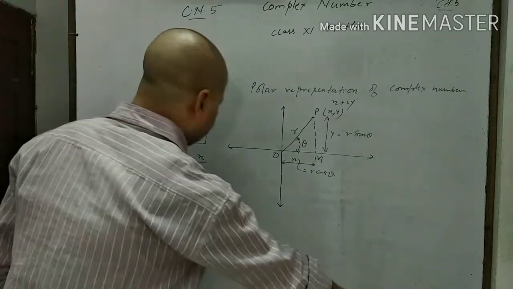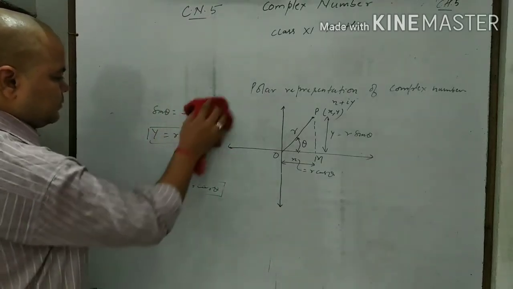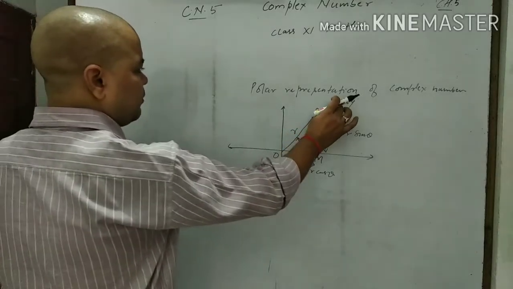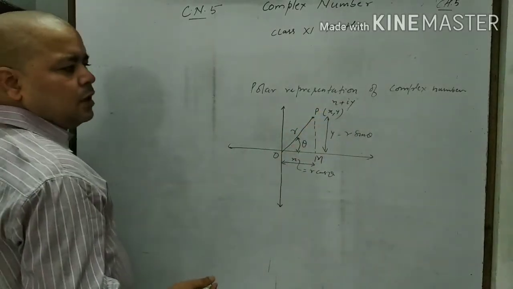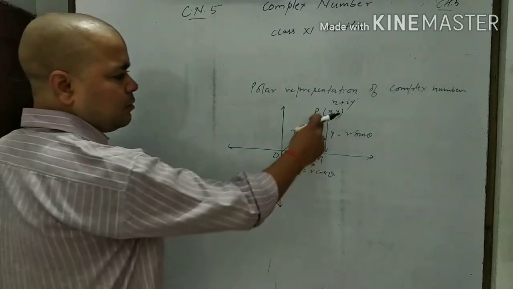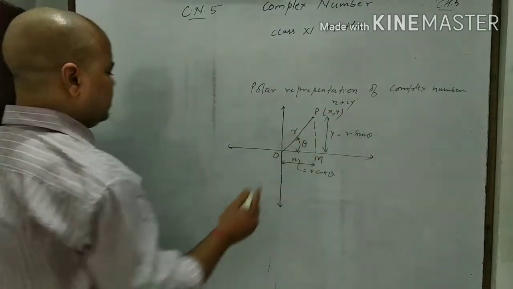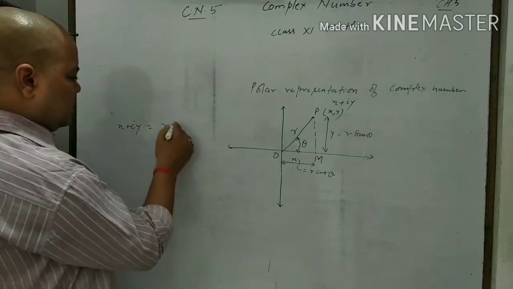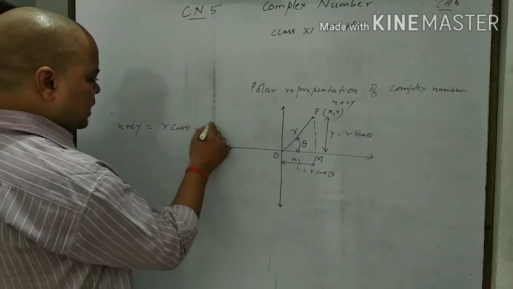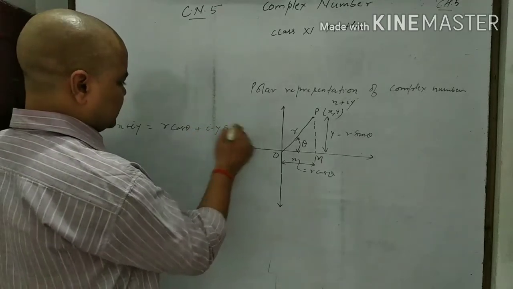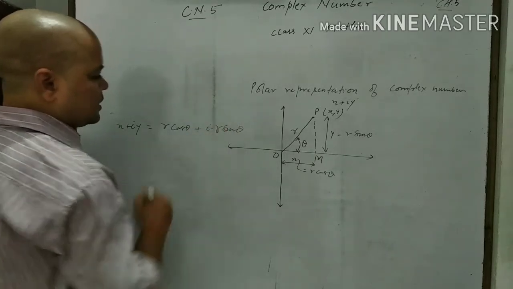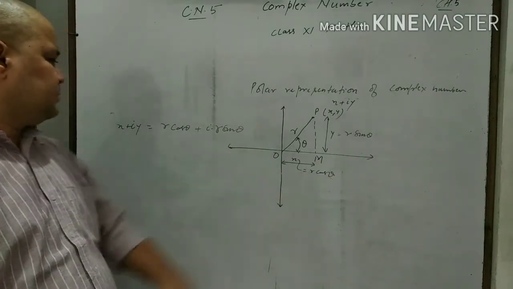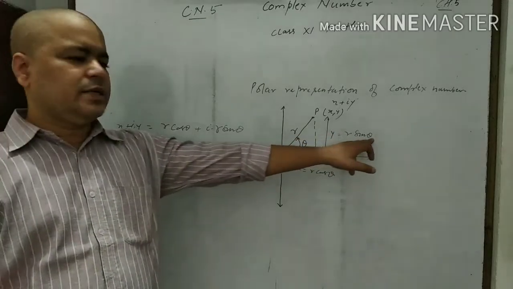So x plus iy, the complex number for a point P(x, y), can be written as r cos theta plus i into r sin theta.